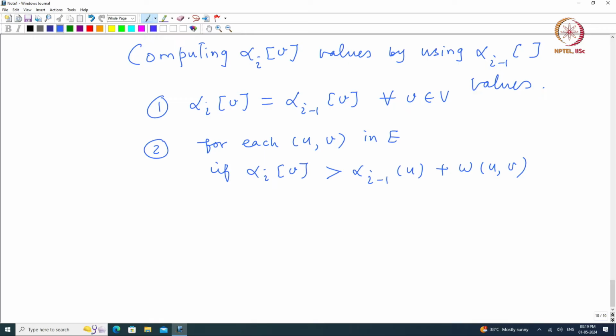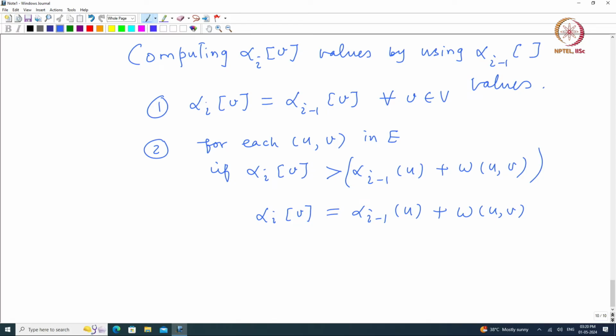When we find something smaller, you replace with the smaller. Straightforward logic of finding the minimum. If alpha i v is greater than alpha i minus 1 u plus w uv, then alpha i v equal to alpha i minus 1 u plus w uv, and we have to save the Bellman edges.